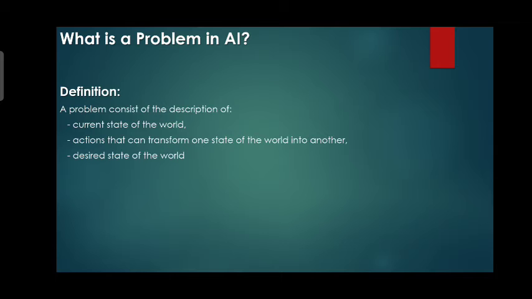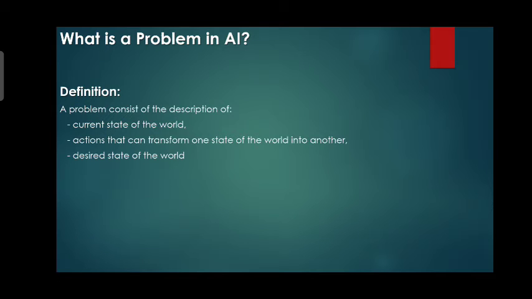That is the current state of the world. Actions mean transformations from one state to another need some actions. So actions can transform from one state to another state. And the desired state means your goal node, the state that you want to achieve or reach.